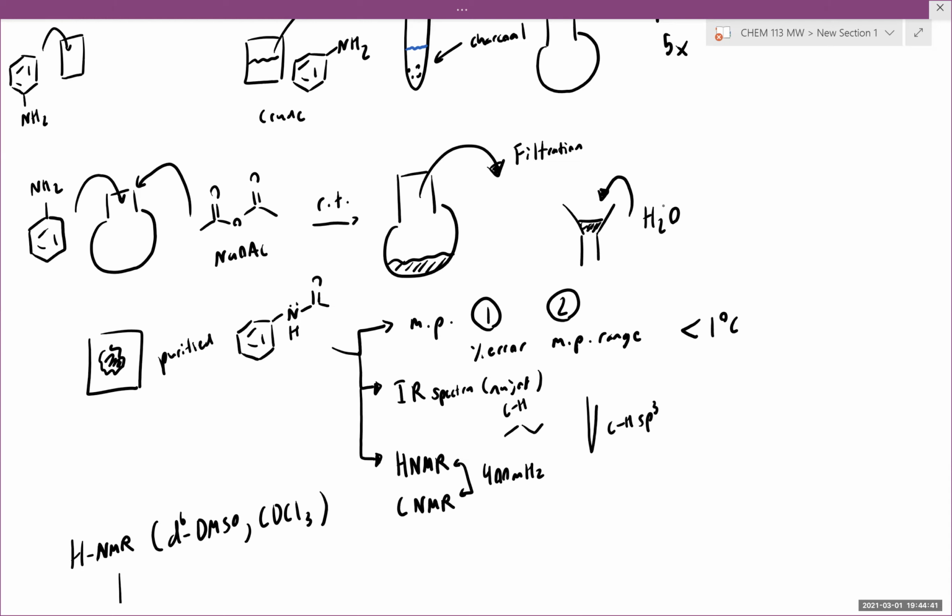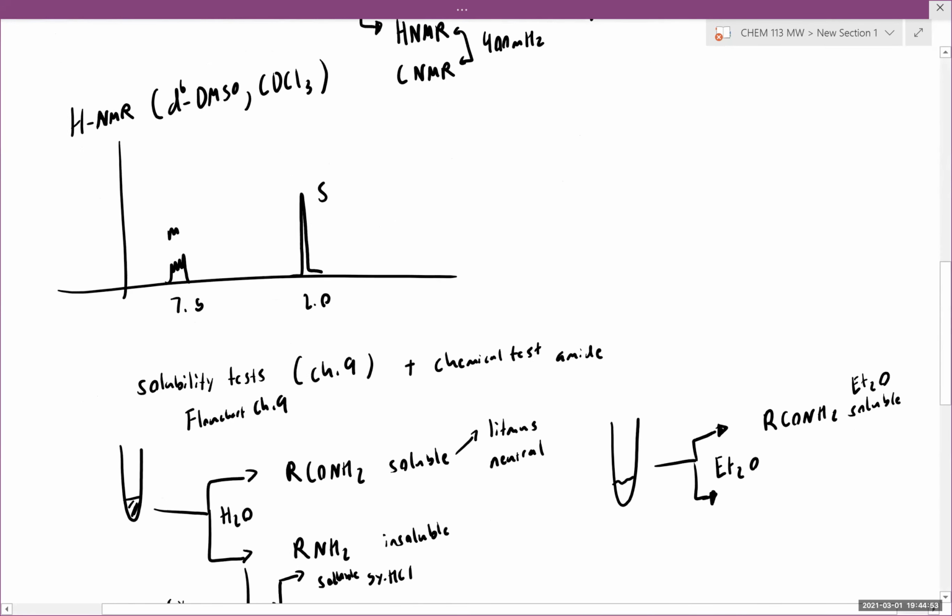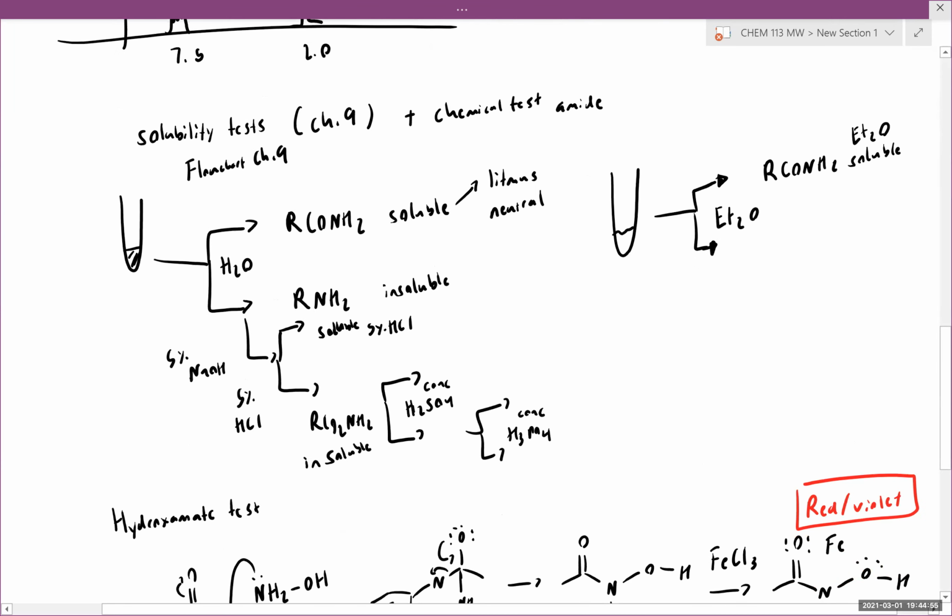Yes, to answer the question in the chat, amides are insoluble in 5% sodium hydroxide and 5% hydrochloric acid, but they're soluble in sulfuric and phosphoric acid. That is correct. Amines, by comparison, are soluble in hydrochloric acid.